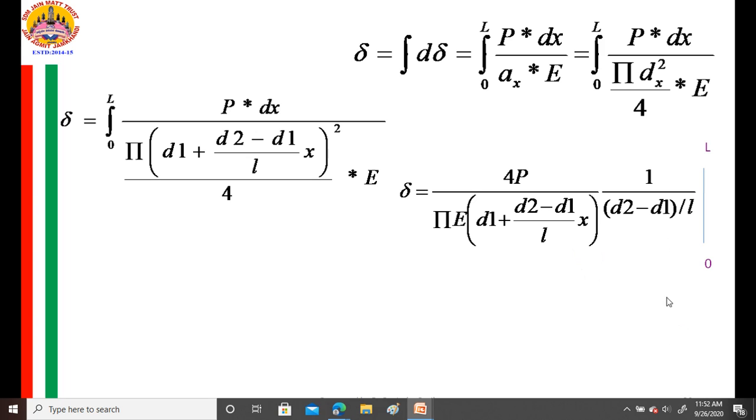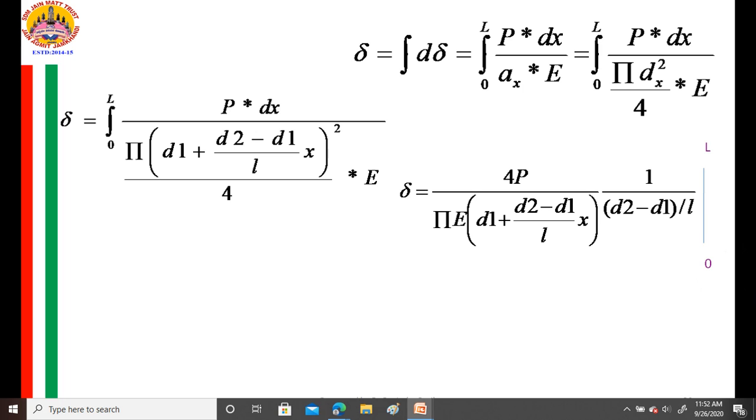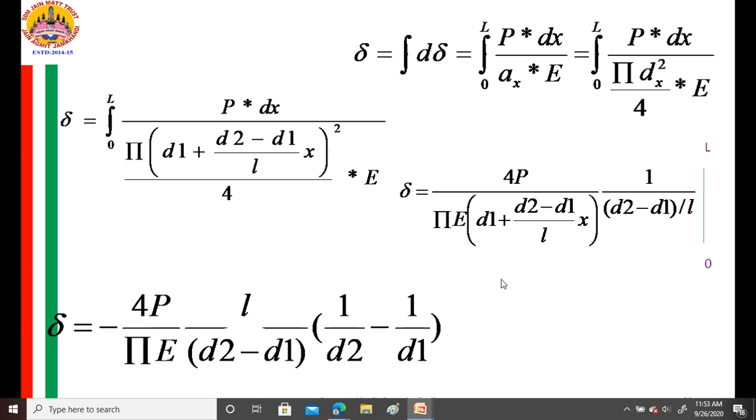1 by d2 minus 1 by d1 is nothing but (d1 minus d2) divided by d1 into d2. That (d1 minus d2) and (d2 minus d1) will cancel out each other, cancelling the negative sign. First we take this term, L divided by (d2 minus d1).